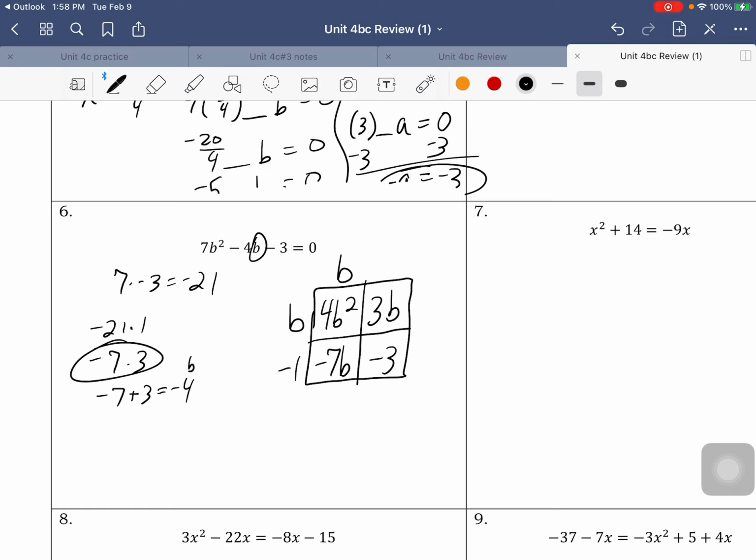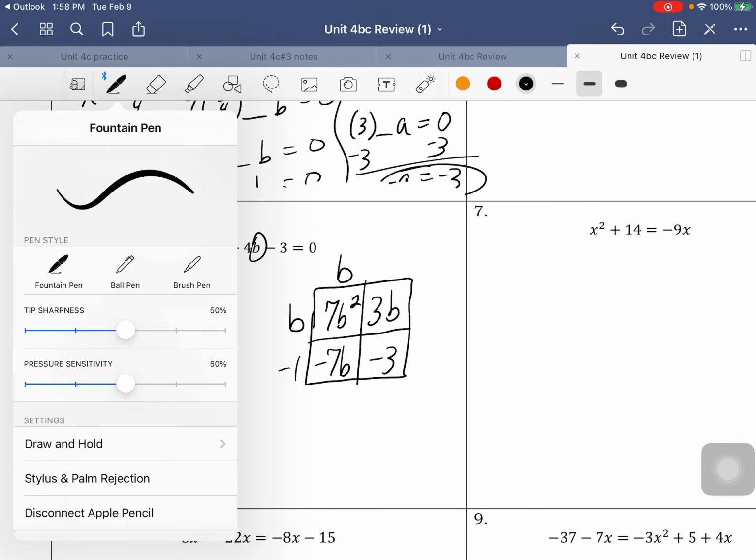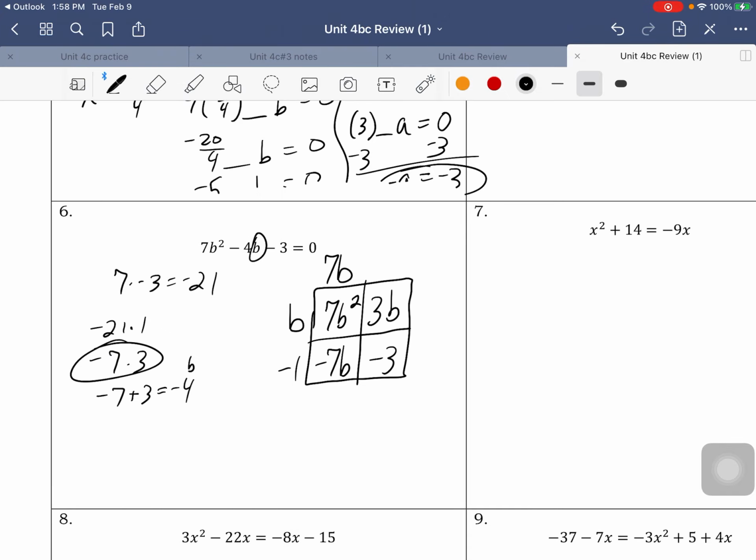Oh wait, I got this wrong. Oh boy, sorry guys. That's supposed to be 7b squared. All right, sorry. So the first column is supposed to be 7b.